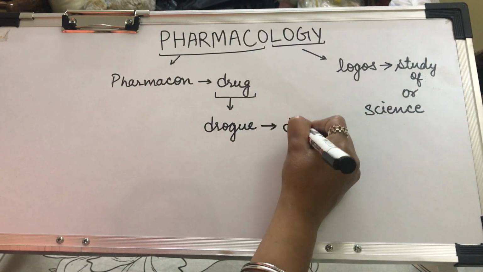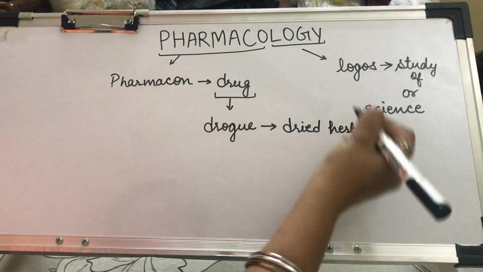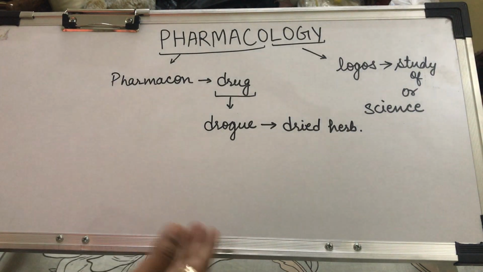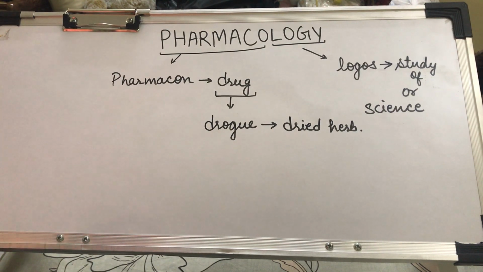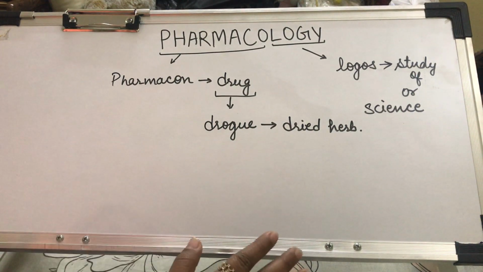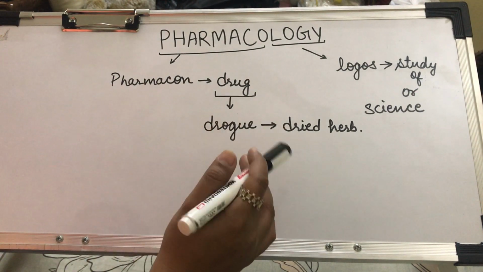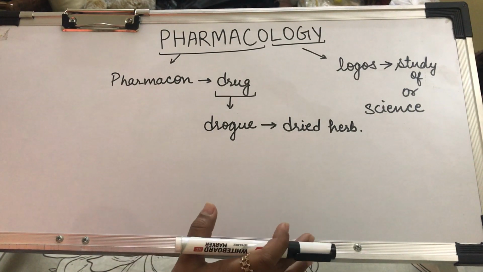which means dried herb. Now whenever we hear the term drug, one thing that comes to our mind is any substance of abuse or misuse. But in medical terms, drug has been defined as any substance or product which is used in the diagnosis, treatment, or prevention of a disease.